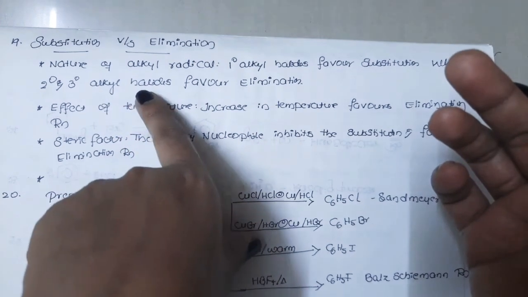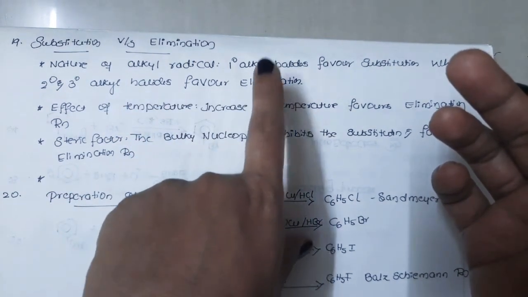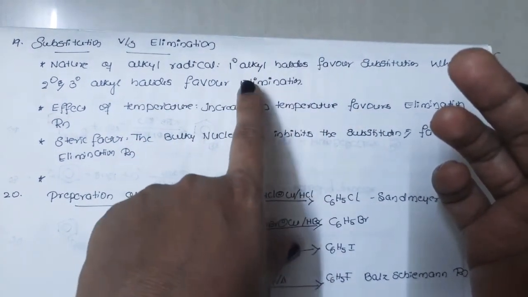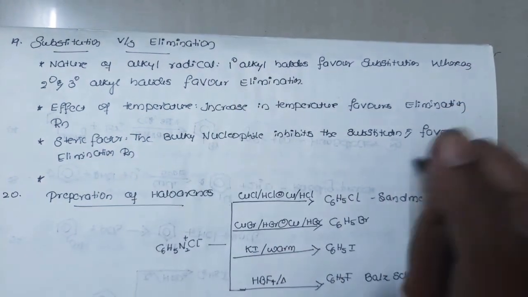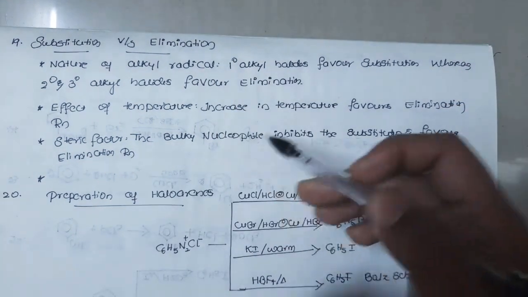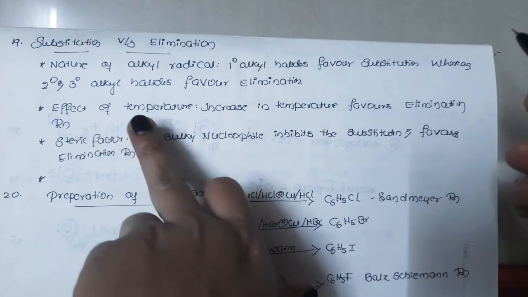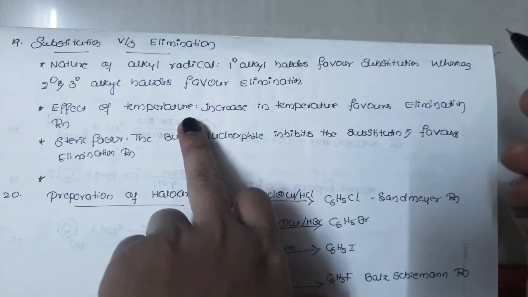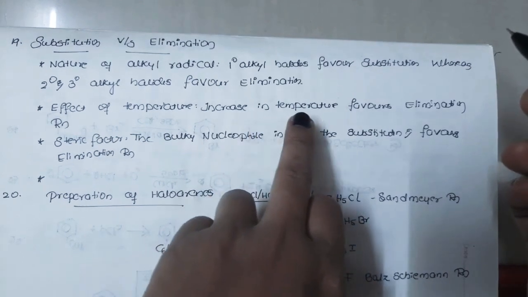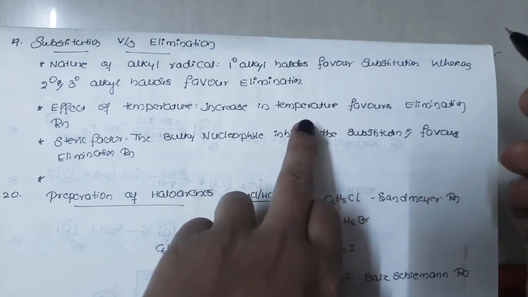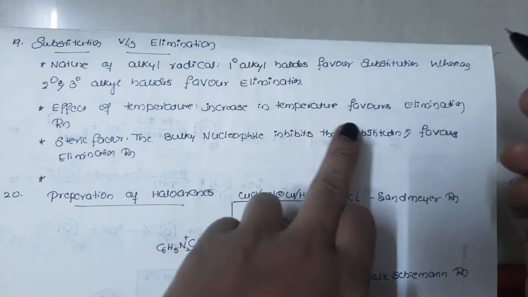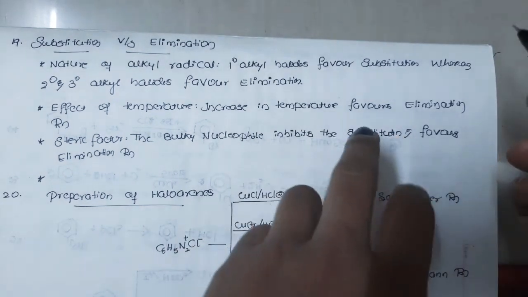So secondary and tertiary will readily undergo elimination, whereas the primary will readily undergo substitution reaction. Effect of temperature: an increase in temperature favors elimination reaction. So if we are carrying out a beta elimination reaction, then temperature also plays a very important role.